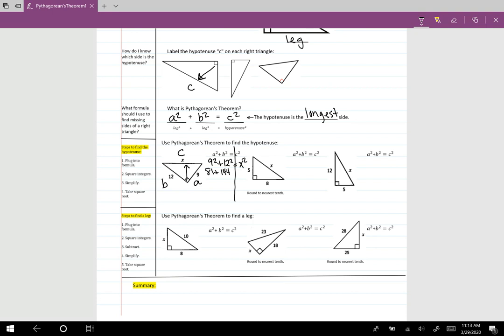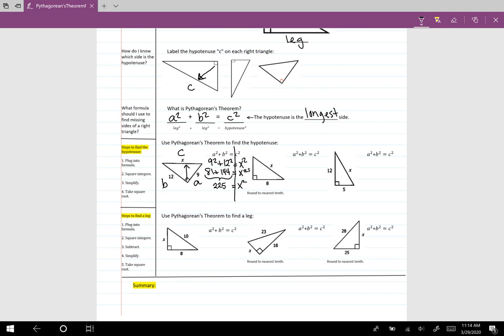Step 3 is to simplify. So let's simplify what we can. 81 plus 144 is 225. So 225 is x squared. Now, how do we get x by itself?